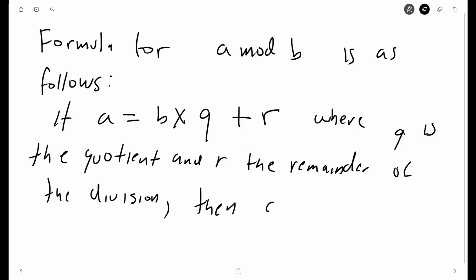Then A mod B is equal to the remainder. And we know that the remainder has to be greater than or equal to 0 and less than B for this formula to work.